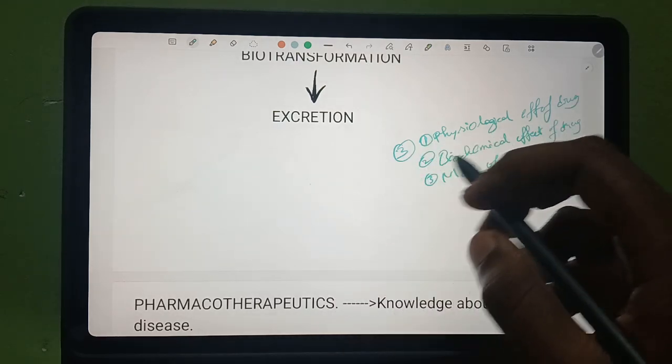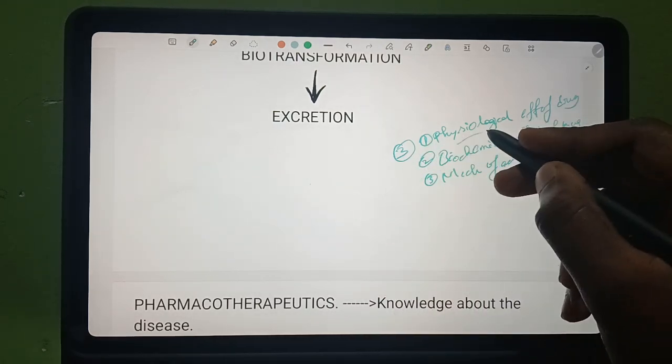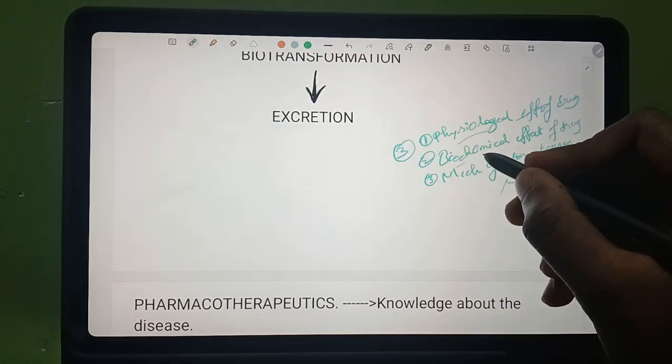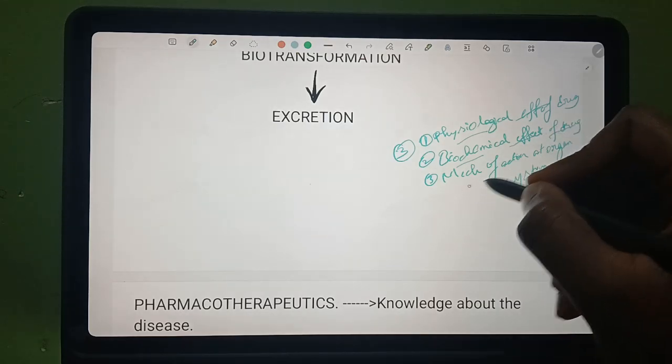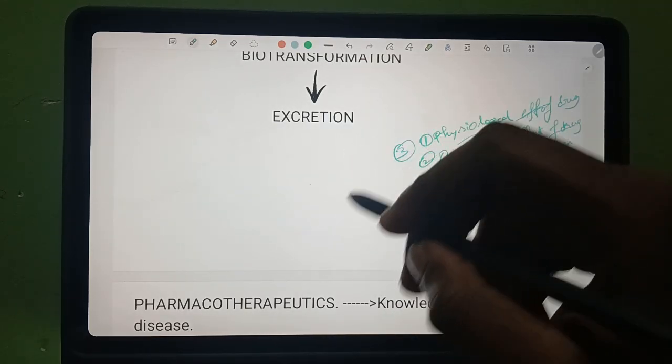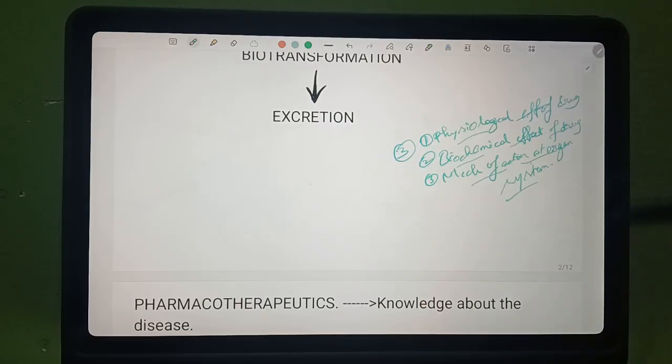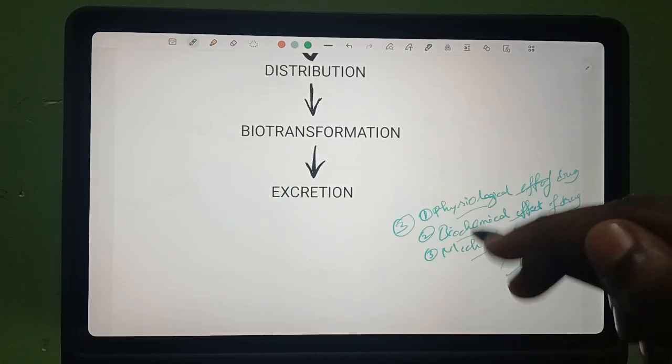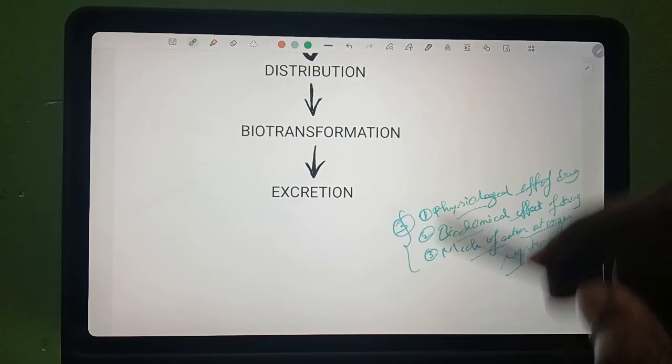That means the physiological effect of the drug, the biochemical effects of the drug, and the mechanism of action at the organ system, how it acts on the organ system. So these three things are included in pharmacodynamics.